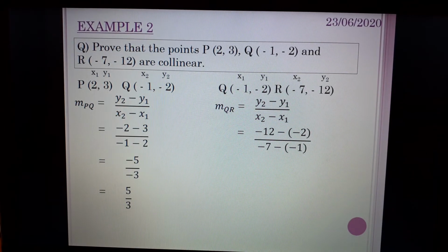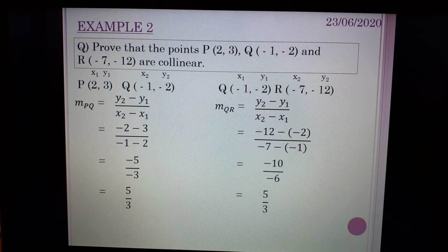And remember, minus 12 minus minus 2 is minus 12 plus 2. So from minus 12 we're going up 2 to minus 10. And from minus 7 we're going up 1 to minus 6. Simplify. The numbers have to be simplified here as well. And that simplifies to 5 over 3. So we have the same gradient from P to Q and from Q to R.